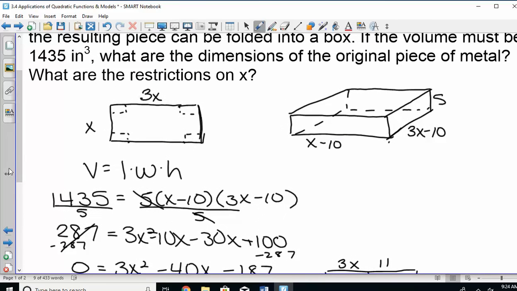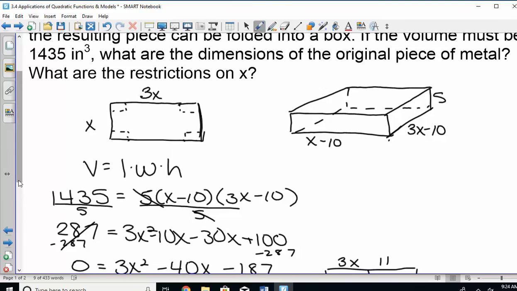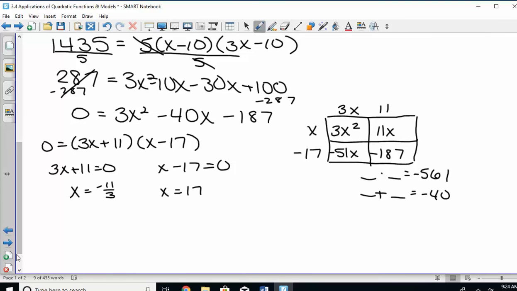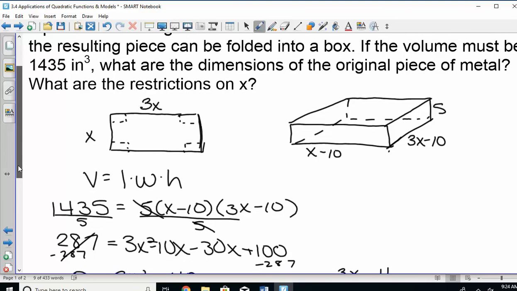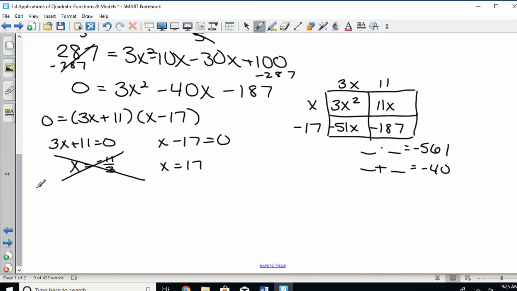X represented the side of that original piece of metal. Are both of these answers possible? Can you go cut me a piece of metal that has a side length of negative 11 thirds? No. So that one's out. It asked me the dimensions of the original metal.